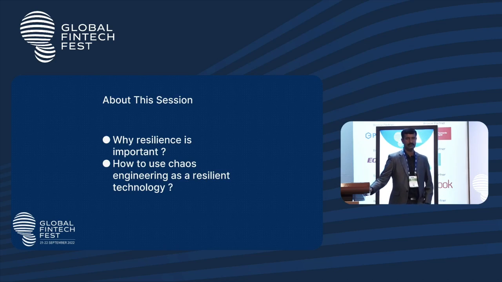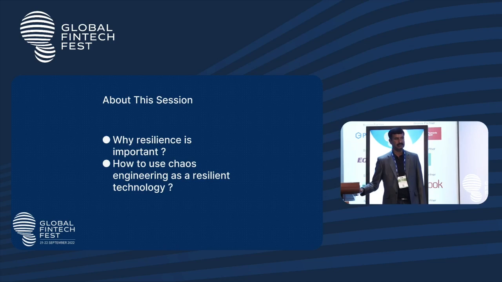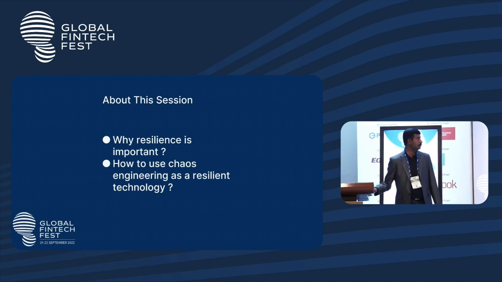So what are some of the things that you can do to increase the reliability of such business services, and what are some of the technologies, or a specific technology called chaos engineering? And before that, I will talk about why resilience is so important, and generally, what resilience and reliability mean when it comes to business.